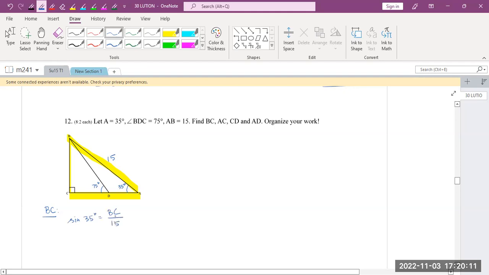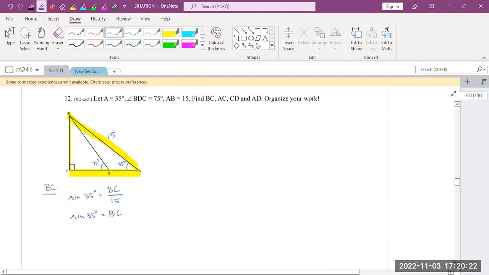So BC equals sine 35 degrees times 15. So 15 sine 35 is 8.60365. That's our BC. So we are done with one of them.